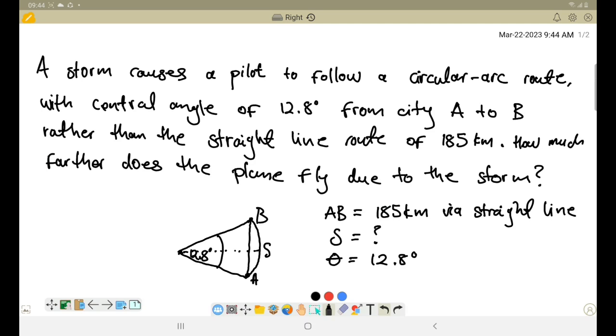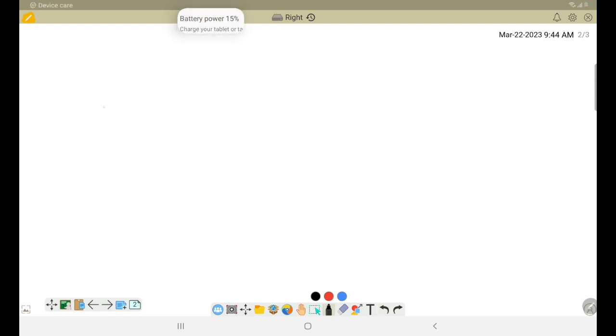After we find distance S, then S minus AB will give how much further the plane flies due to the storm. So what can we do? We can extract a triangle inside that sketch.